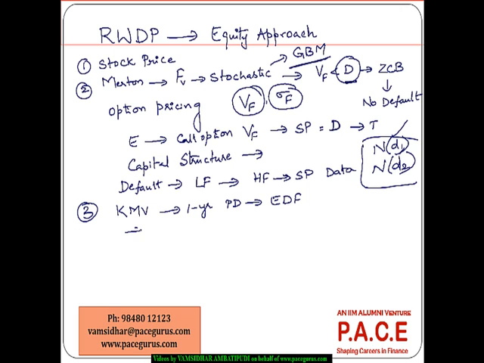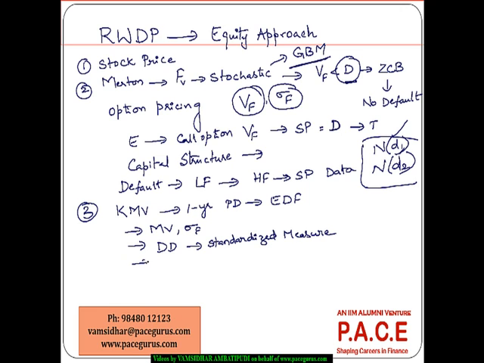So their process is: you come out with an estimation of the market value as well as the volatility of the assets of the firm, and from there you compute the distance to default, which is a standardized measure of the default risk.